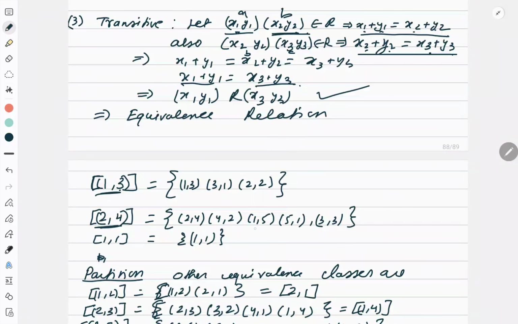And since this is another element over here, this is also equal to the equivalence class of 1 comma 5. This is also equal to the equivalence class of 3 comma 3. Okay, the only difference is that instead of numbers I have ordered pairs now. Same way for 1 comma 1 it will be 1 comma 1. So like this, they asked me specifically these three equivalence classes, so I wrote them.